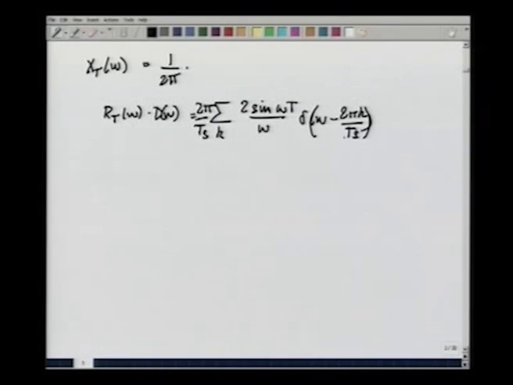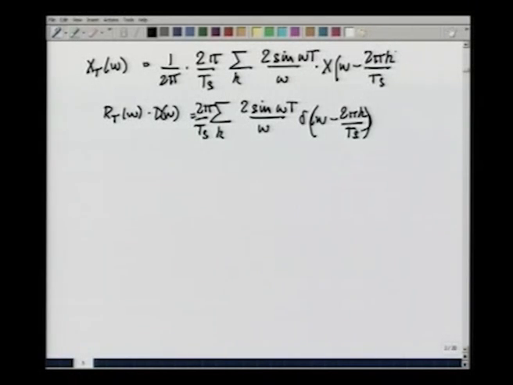That means, at every impulse over here, we replace X of omega minus 2 pi k by T_s. So, you get this times 2 pi by T_s summation over all k of 2 sin omega t by omega times X of omega minus 2 pi k by T_s.